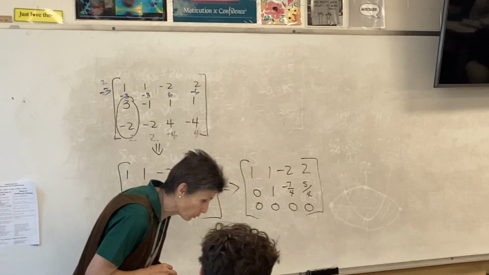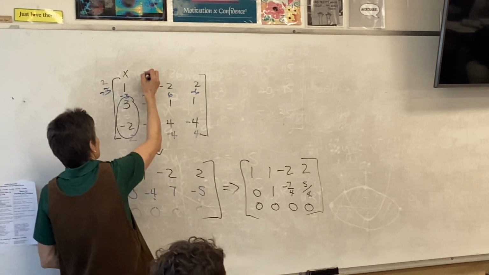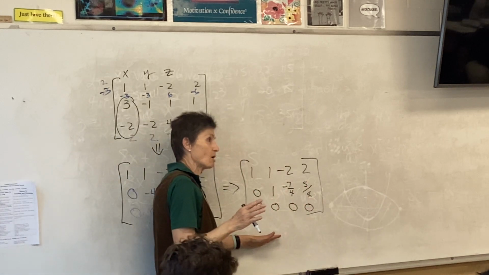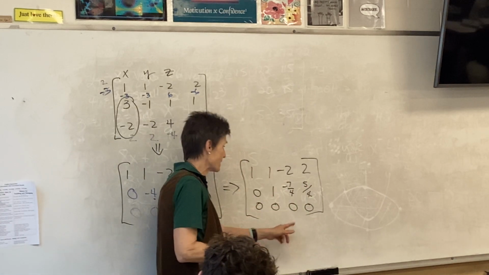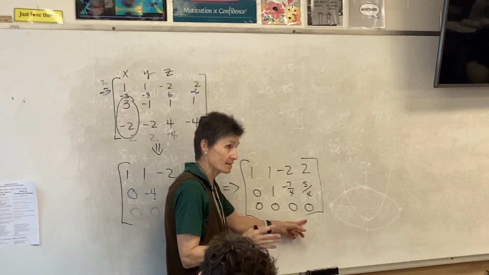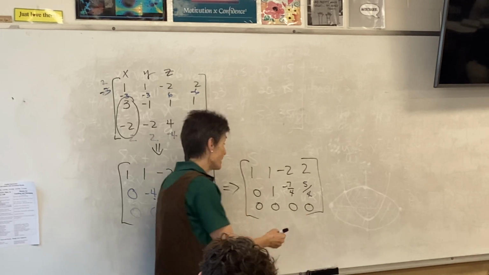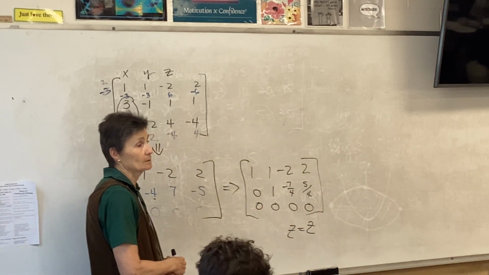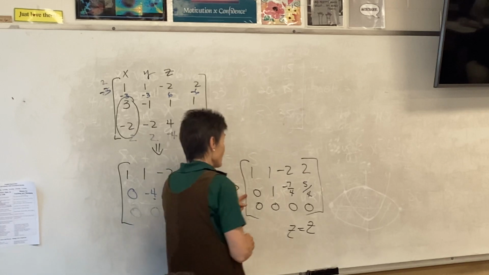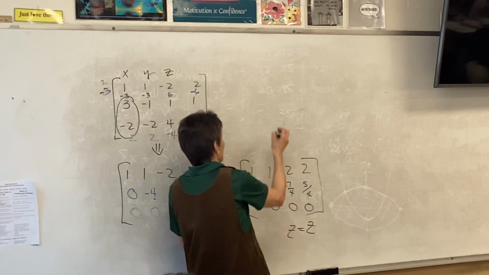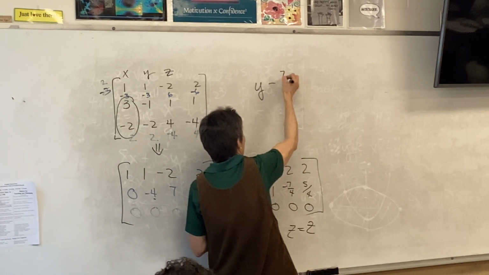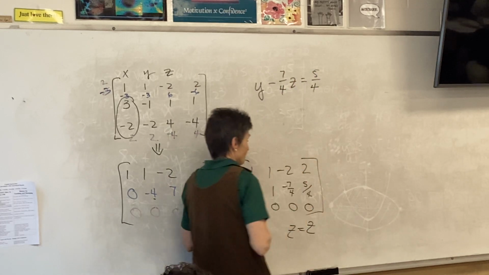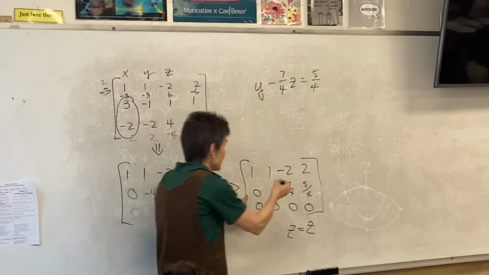My variables were x, y, and z. So I'm going to start right here in the bottom, which is where you always start. Normally it says z equals 6. But this one says z equals something, anything. So then what does the next row say? y minus 7 fourths z equals 5 fourths. Remember, this is the equals right here.